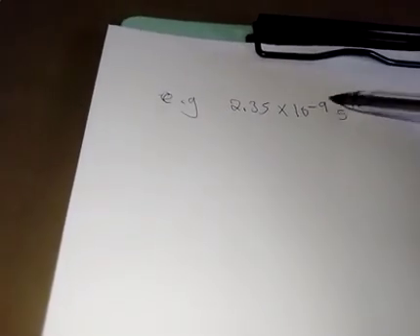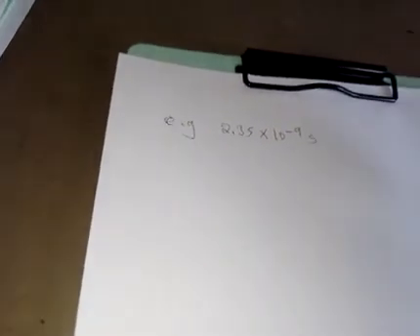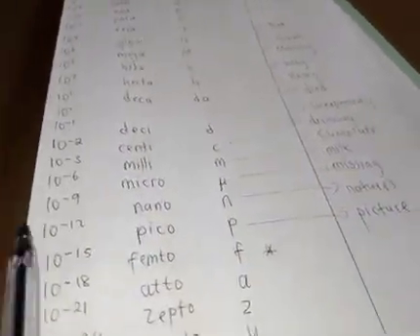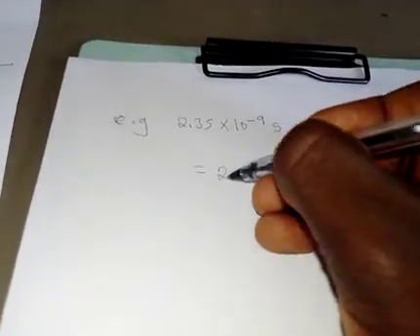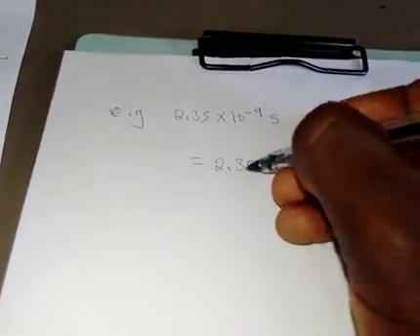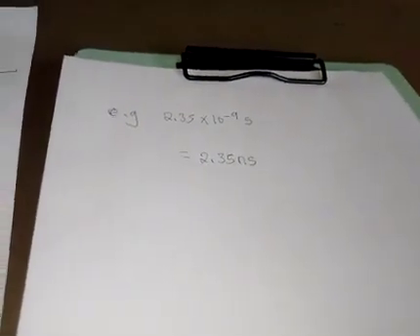Instead of having 10 to the power negative 9, we check which one is 10 to the power negative 9 on our list of prefixes. That's nano, small letter n. So if we express it in terms of prefixes, this is equal to 2.35 nanoseconds.